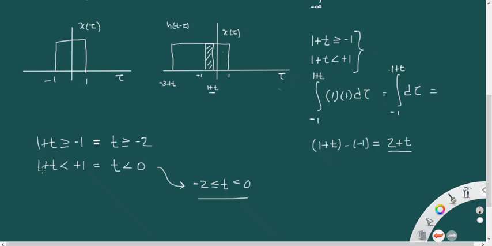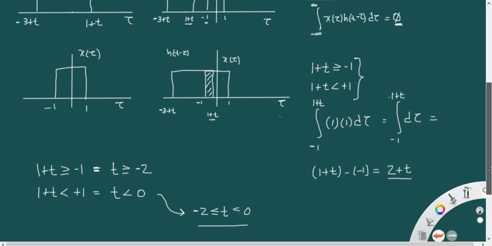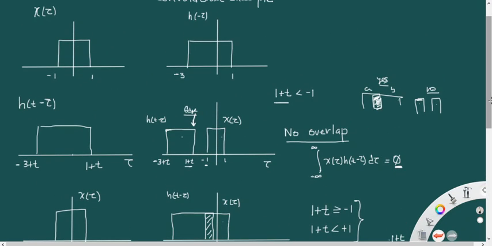If we move the 1 to the right, then we will cancel and we will have t is less than 0. So the domain region for this t value to get an integral of this is that t is going from -2 and up to less than 0. Okay, and this is one example of what the convolution is and how we can calculate the convolution of two functions.